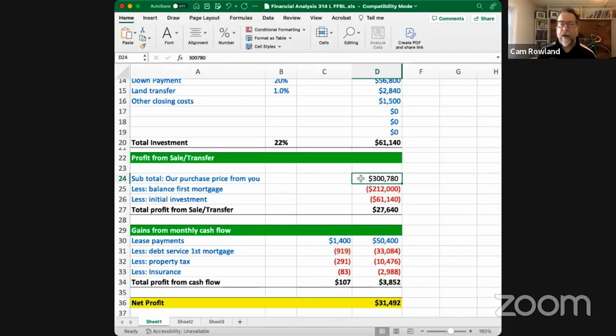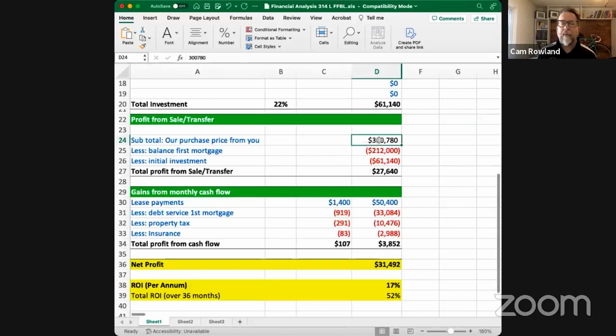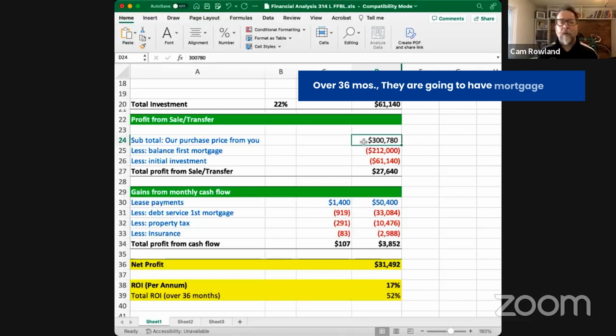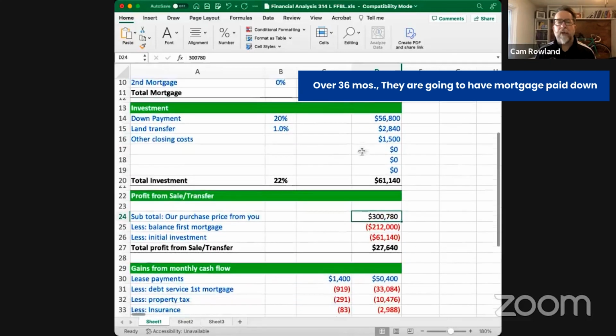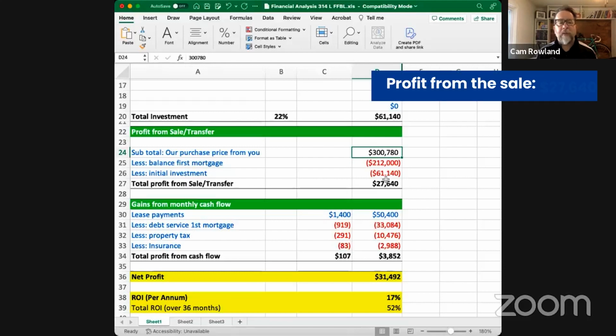Do you remember what they paid for it? They paid $284,000. So over the 36 months, they're going to have mortgage paydown from $227,000 to $212,000, and they're going to get their initial investment back of $61K. And so their profit from the sale is $27,000.